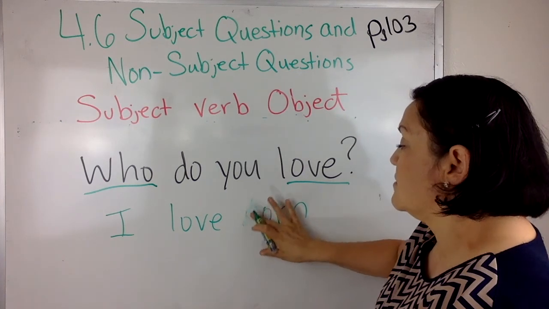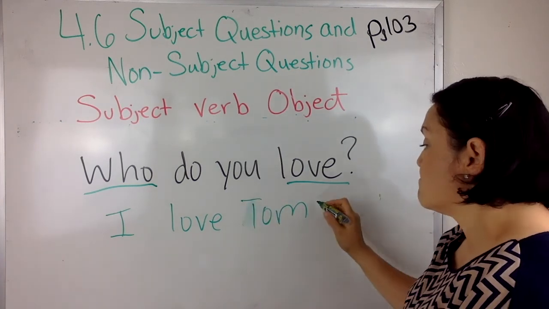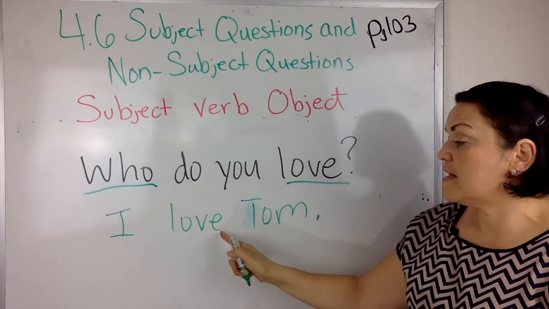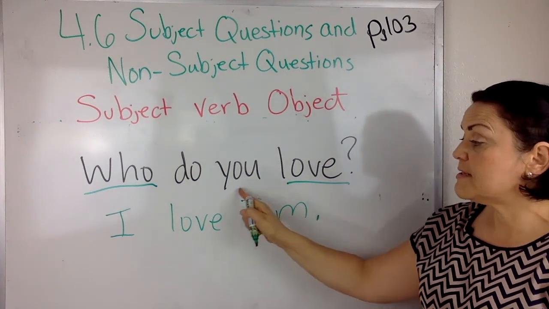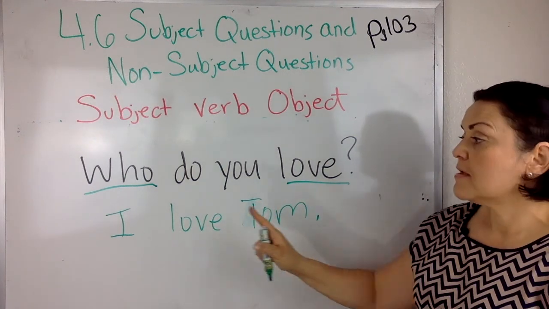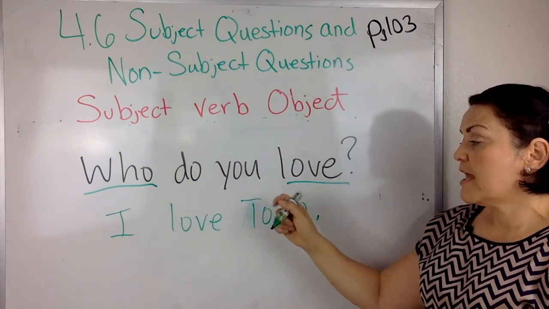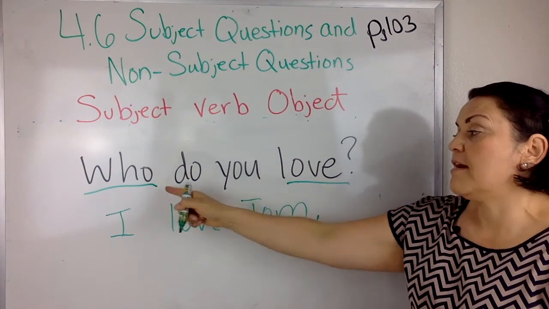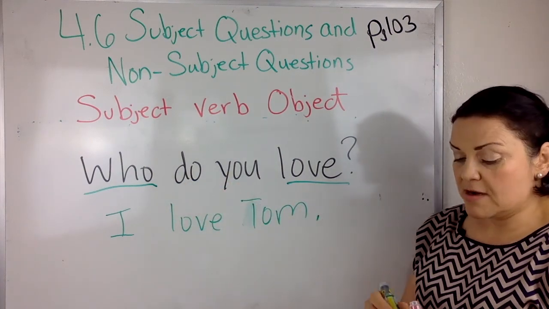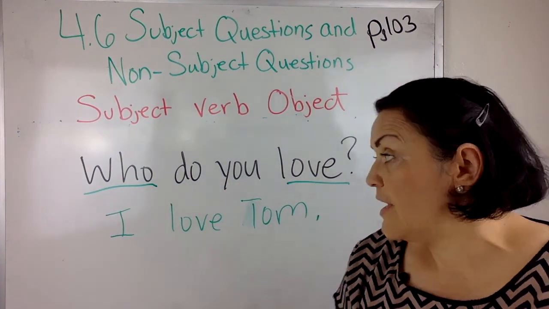Oops, Tom should be capitalized. It doesn't have do, but I love Tom. The answer is about Tom, because I'm asking you, who do you love? Okay, who and love? Okay, I love Tom.